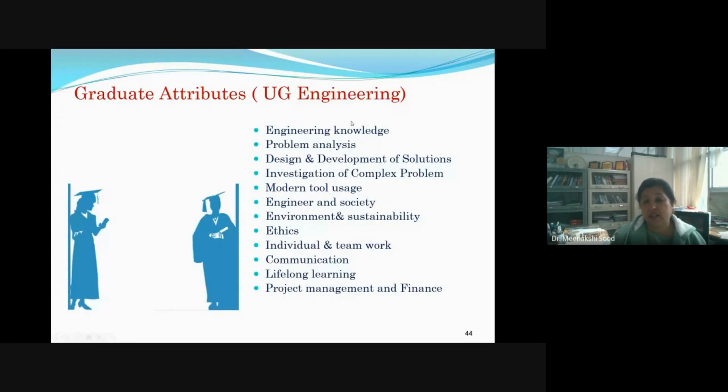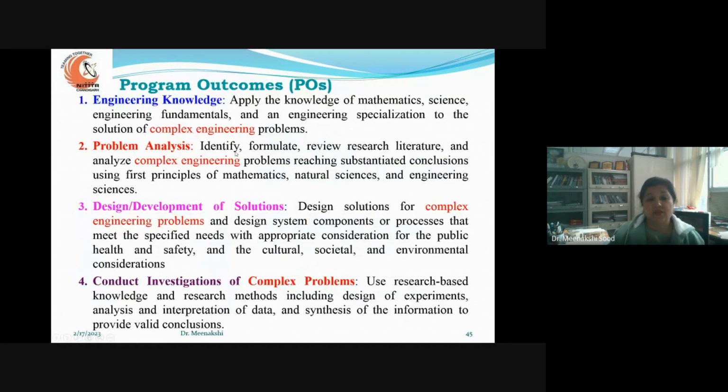So these are the graduate attributes which are given. Now the program outcomes are directly the same as the graduate attributes defined by the World Treaty Organization for the accreditation of engineering graduates.